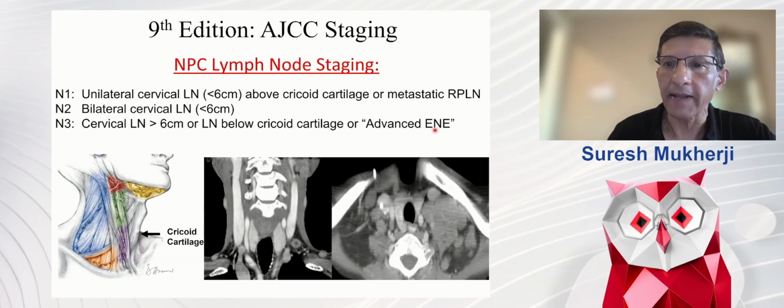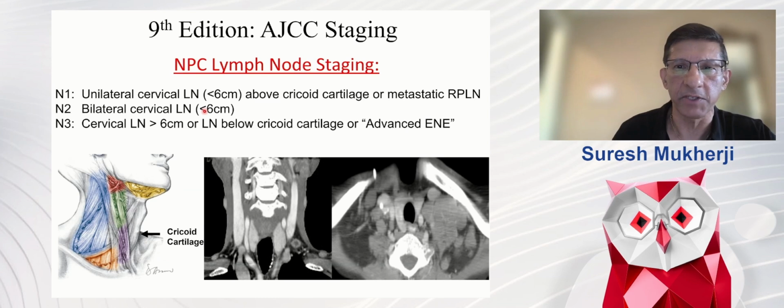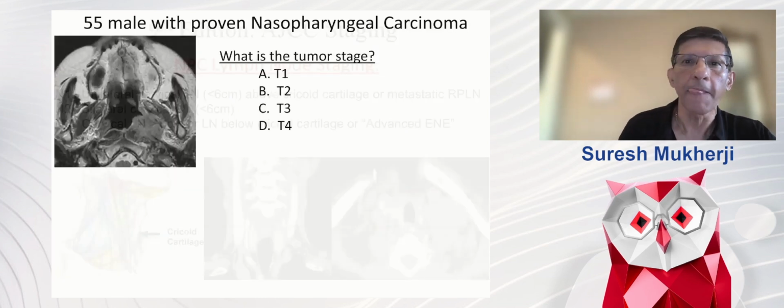In the 9th edition for AJCC, for nasopharyngeal carcinomas, you can have isolated radiological findings, but it has to be obvious extranodal extension. And again, this was just released a few months ago, and the examples that Dr. Becker showed in her lecture were good examples of classic advanced extranodal extension. So this is the new staging system for nasopharyngeal carcinoma.